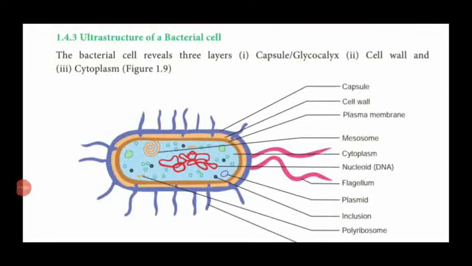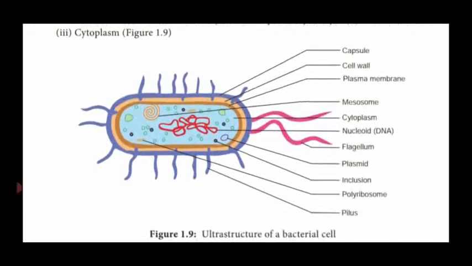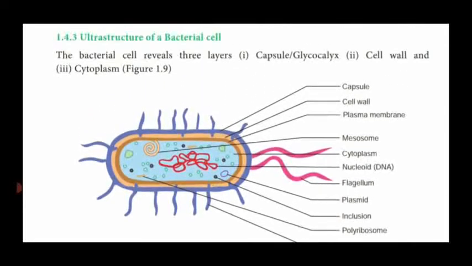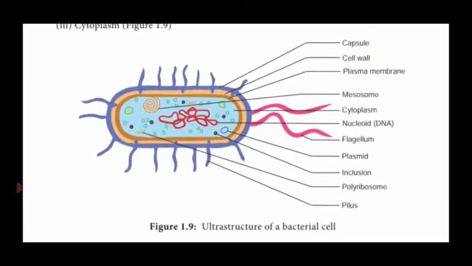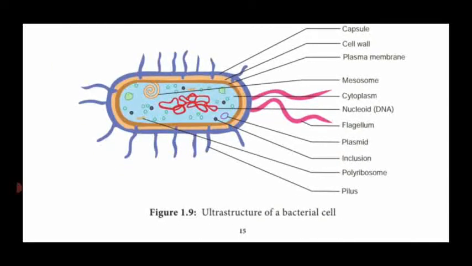Dear students, up to this we have seen the ultrastructure of a bacterial cell, that is capsule, cell wall, plasma membrane, mesosome, cytoplasm, bacterial chromosome, flagellum acting as a locomotor organ, plasmid as an extrachromosomal region, and inclusions, some substances present in the cytoplasmic region responsible for metabolic activities.